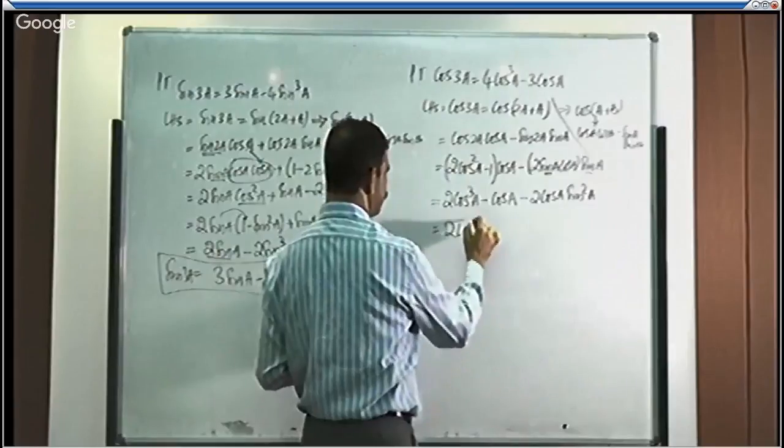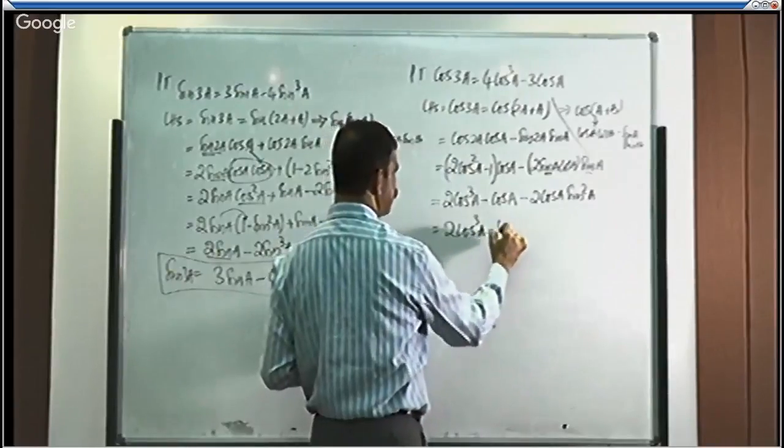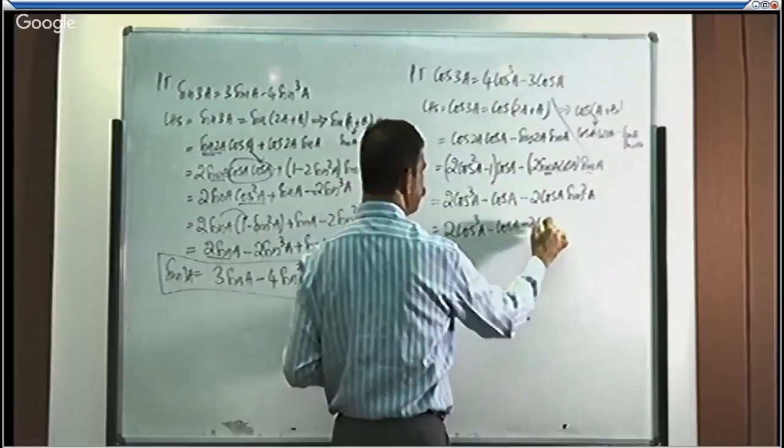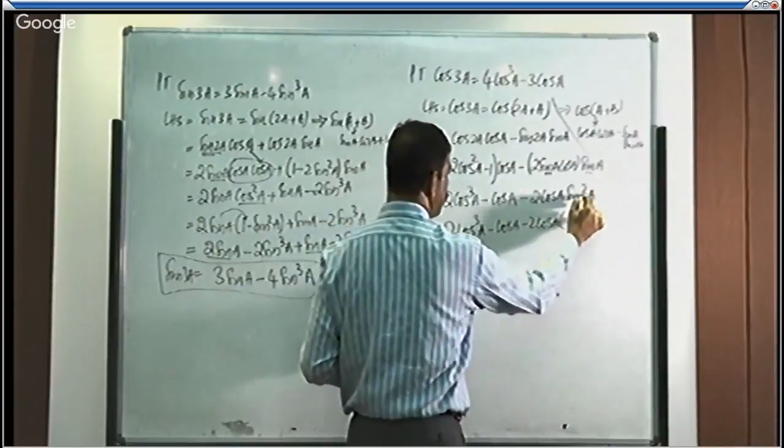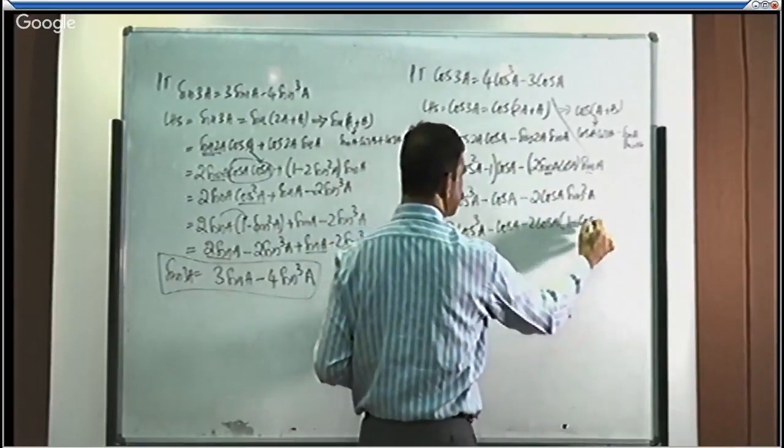Cos cube A minus cos A, minus 2 cos A into sin square, which is equal to 1 minus cos square A.